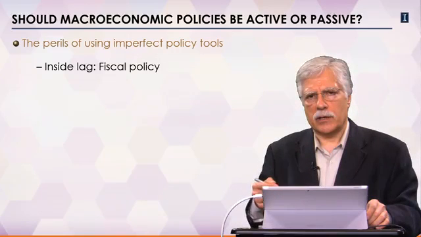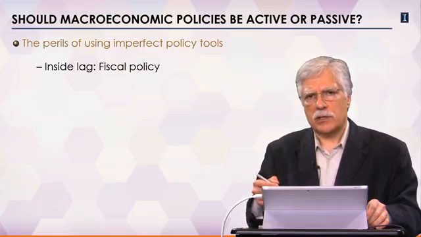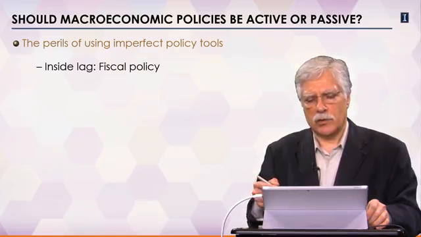Once we get the signal that the economy has been shocked and the income level is dropping, the government has to decide how much more to spend. But that decision is going to go through the legislature and the executive. Decisions have to be made on where to spend, what to spend on, all the details. And in most countries, it takes between 3 to 9 months to come up with a solution.